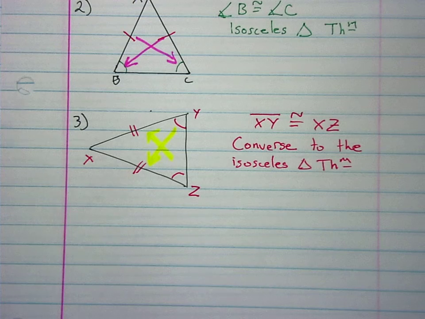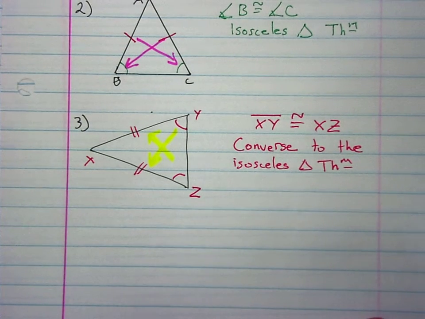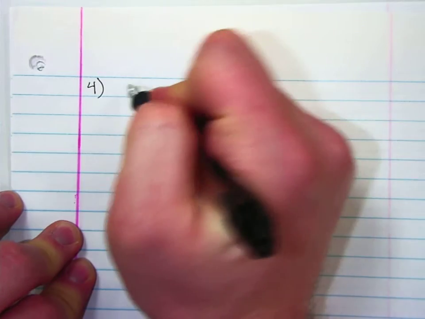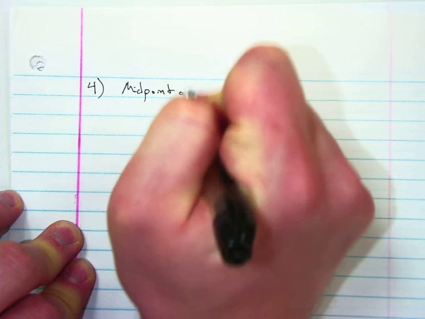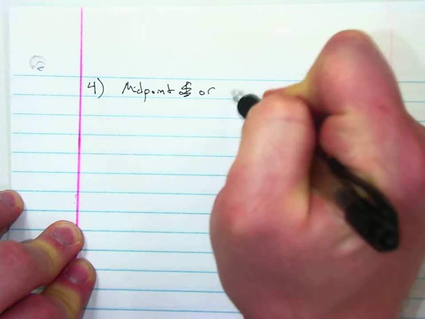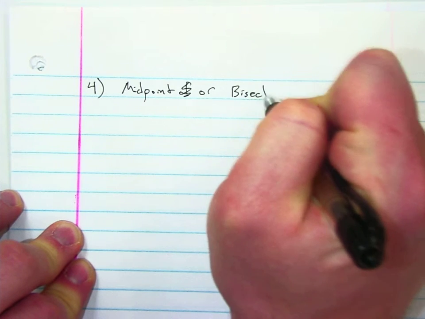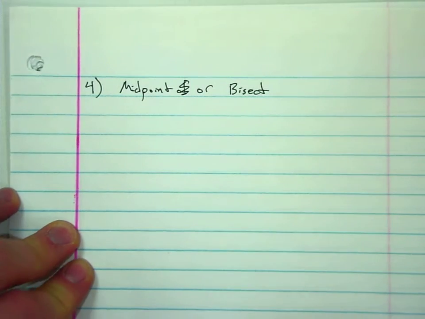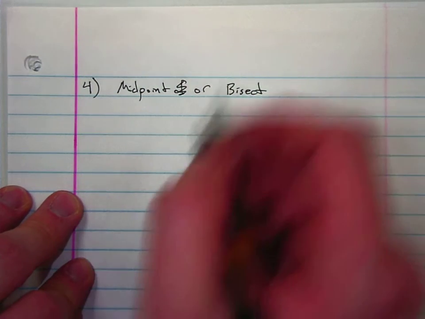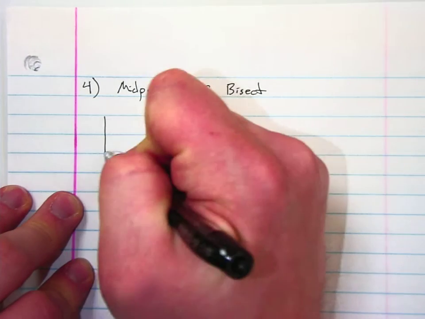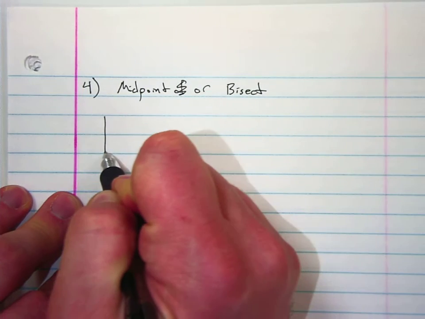Number 4. Sometimes they tell you things like midpoint or bisect. We are going to start with the midpoint or bisecting a segment. So if I have a triangle, this one is not isosceles.